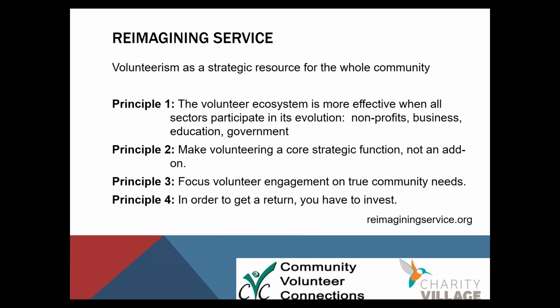That resource is something that the whole community benefits from, and the whole community should also defend and support. So they look at it like, well, let's bring together all of the players in community. Let's bring together nonprofits and businesses and education and government, and we'll wrap it around this volunteer spirit in our community and support it and make it more effective.